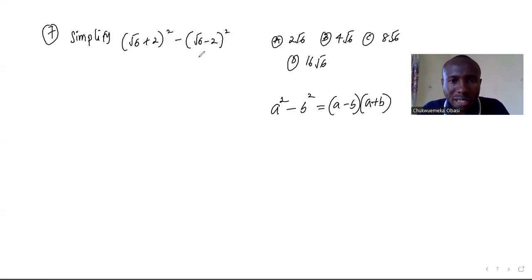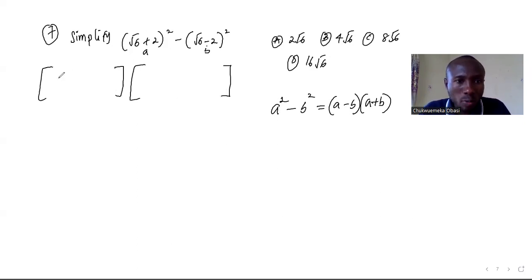So look at these guys. They are in that form. This is the square and this is the square. So this is just like my A and this is just like my B to that power, right? So to express these guys, it's going to be A minus, it's going to be something like this. Then something like this, right? So this is like my A, which is now, let me make it bigger, that would be root 6 plus 2.